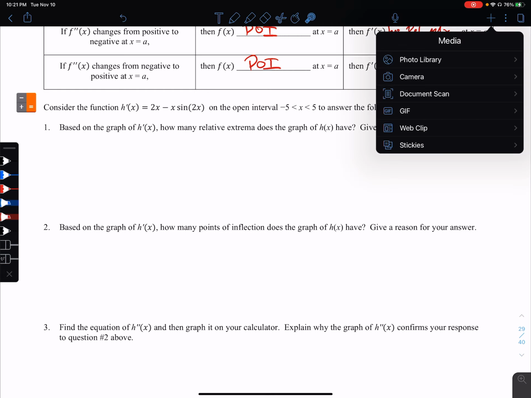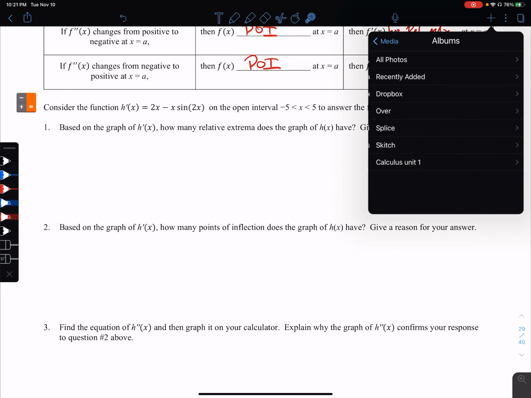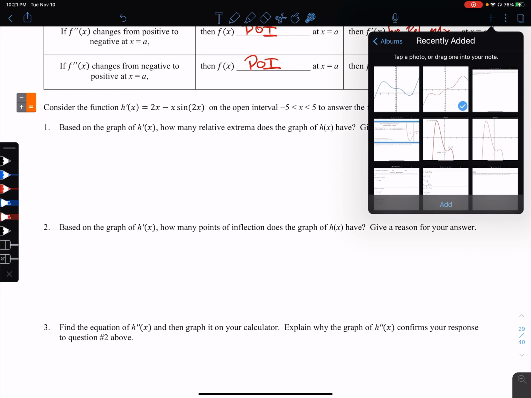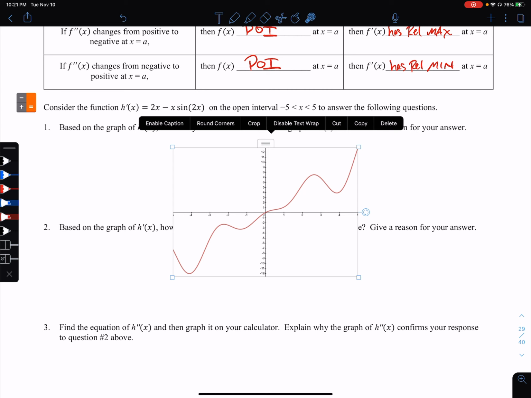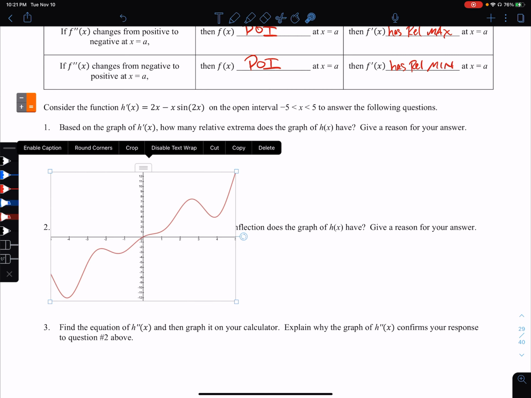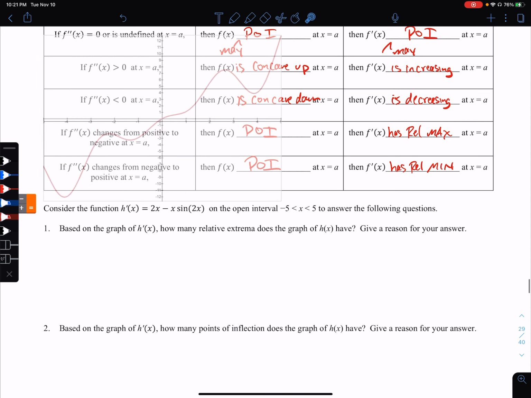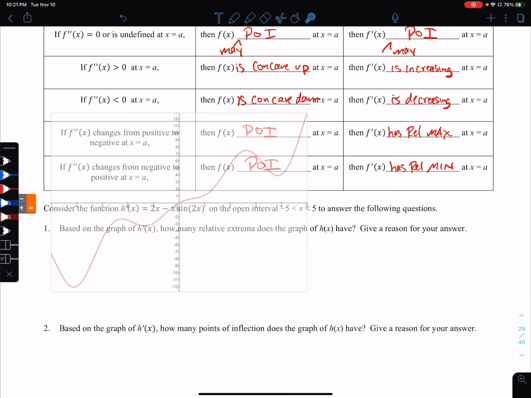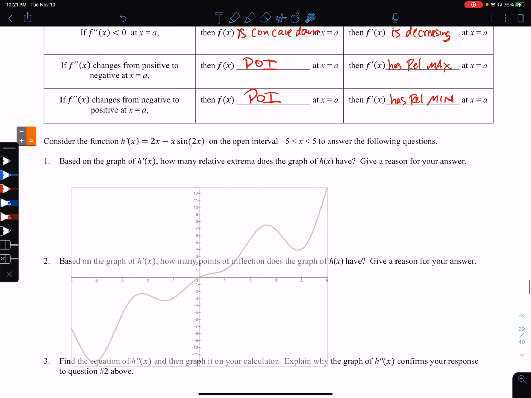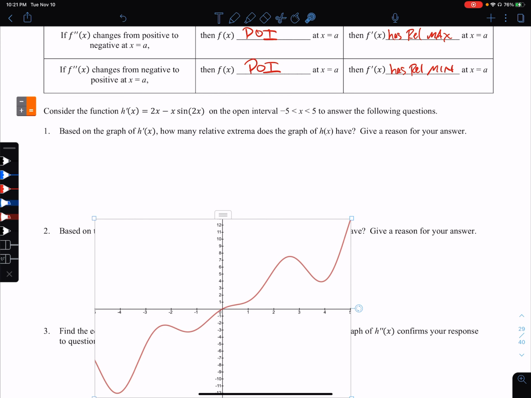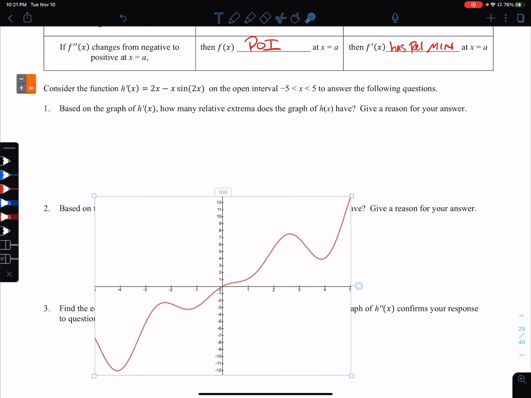Let me bring this graph in. I'll put it right here for now. Based on this graph, how many relative extrema does the graph of h have?